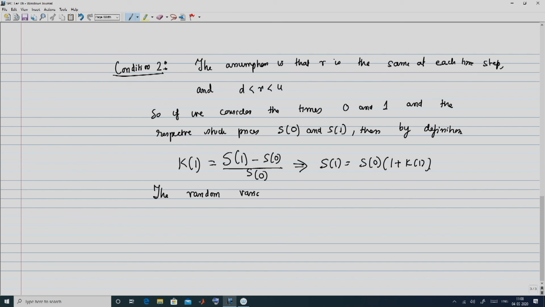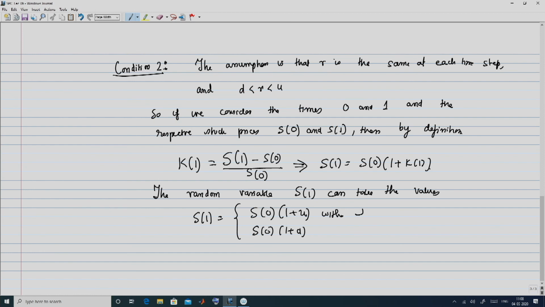So, the random variable S1 can take the values S1 equal to S0 into 1 plus u with probability p, and S0 into 1 plus d with probability 1 minus p.